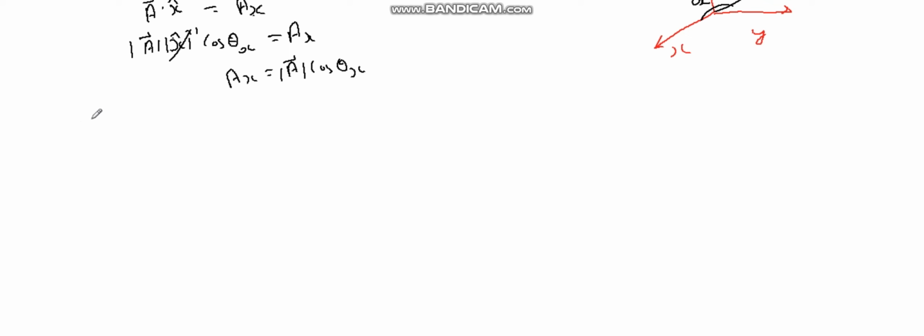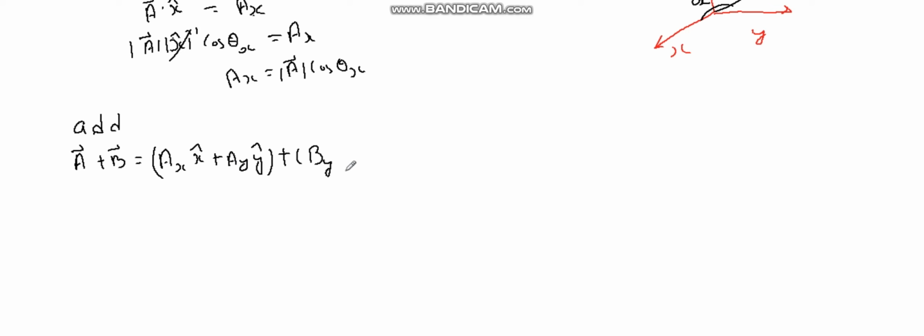Now, how do we add two vectors if they are expanded in the component form? So let's see this a plus b. If we expand a as ax x cap, ay y cap, and z, so we are just taking only two components, plus, in a similar way, we will expand b as bx x cap plus by y cap.